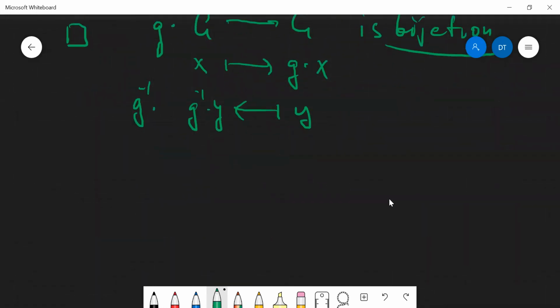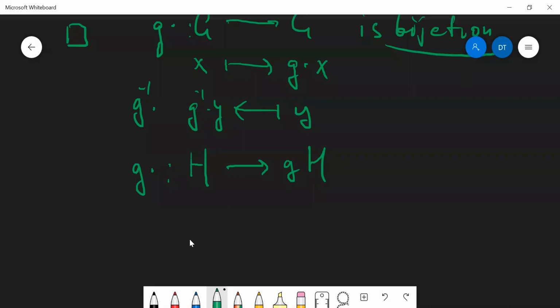Okay, but now, if I take a subset H, then by the first map, multiplication by G on the left, this subset goes to this subset. Here, I need two dots.